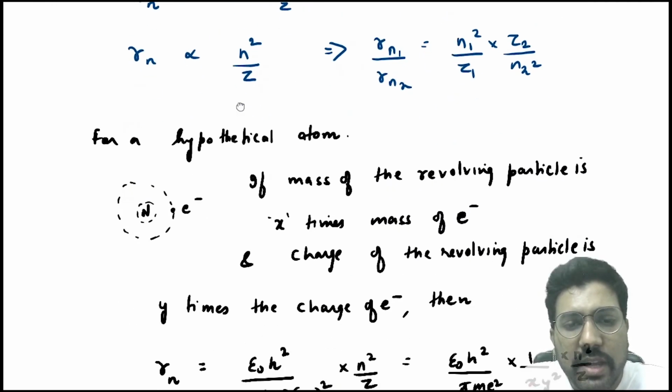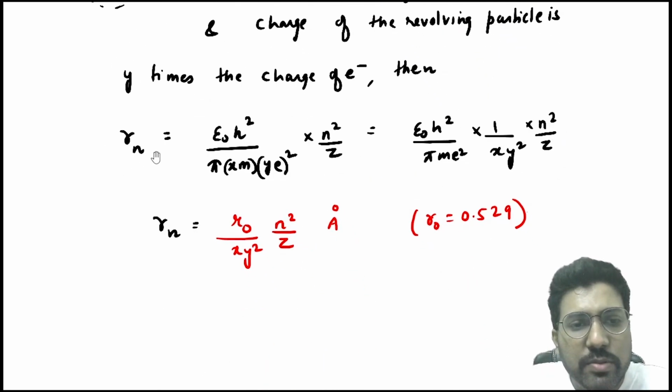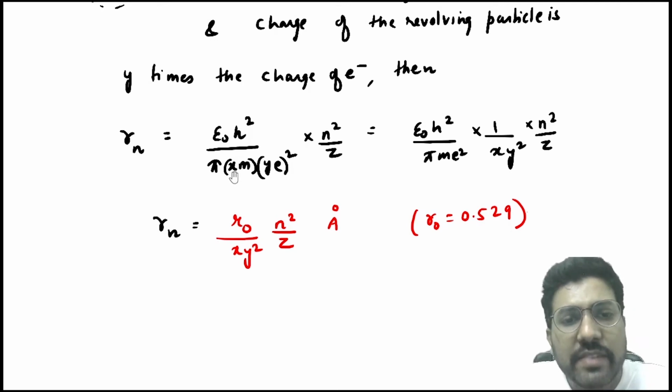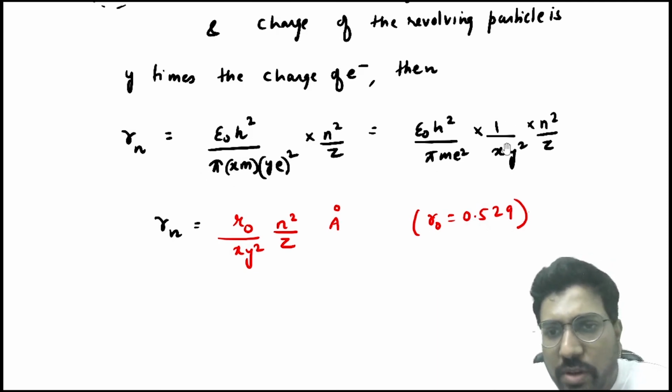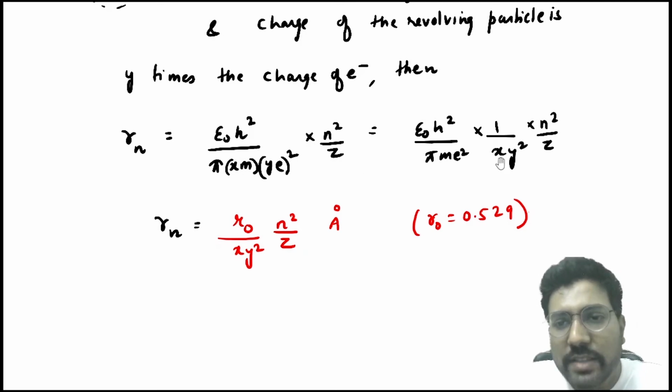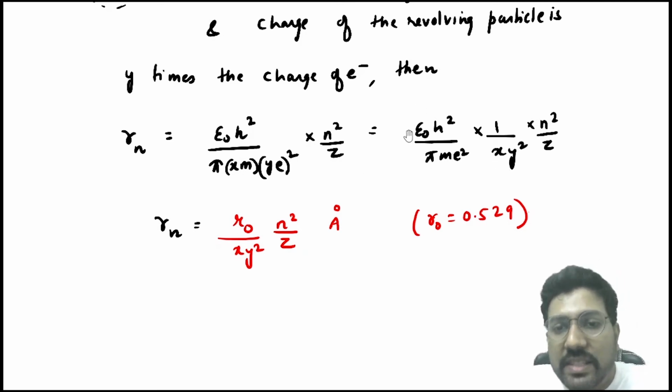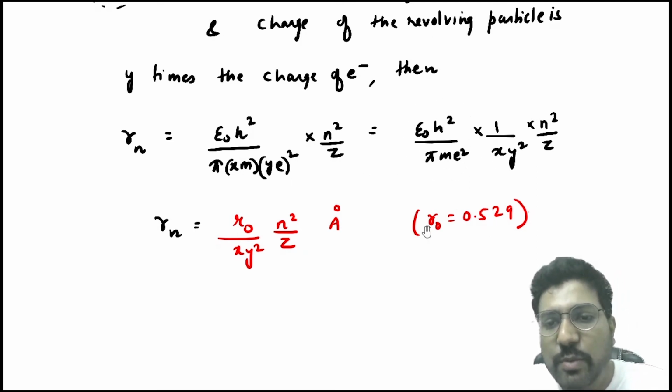So this is equal to epsilon naught h square by pi, with xm instead of m and ye instead of e, and I will get epsilon naught h square by pi me square as it is, but there will be one more term, 1 by xy square. But this term is R naught, where R naught is 0.529.